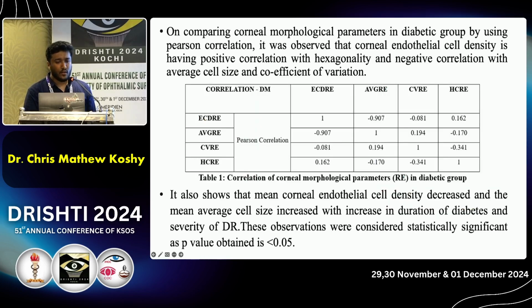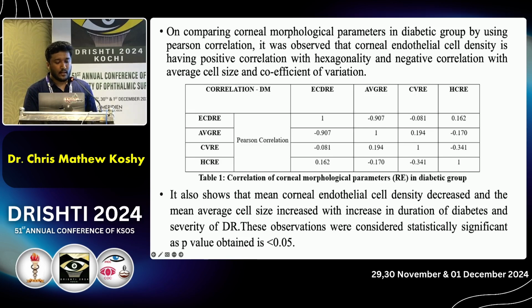On comparing corneal morphological parameters in the diabetic group using Pearson correlation, it was observed that corneal endothelial cell density has positive correlation with hexagonality and negative correlation with average cell size and coefficient of variation, which is seen in that table. It also shows that the mean corneal endothelial cell density decreased and the mean average cell size increased with increase in duration of diabetes and severity of diabetic retinopathy.